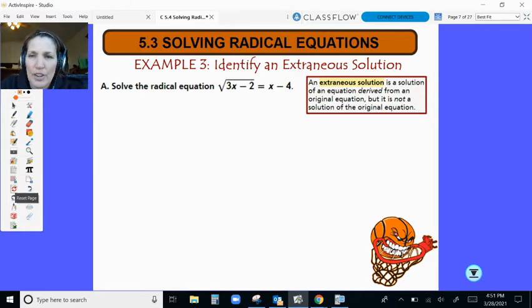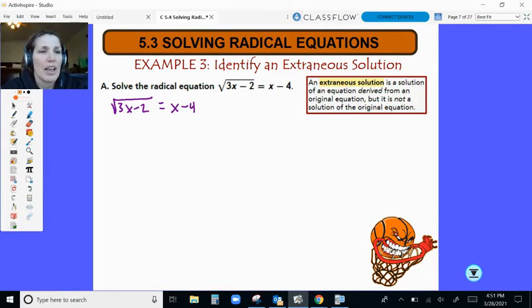Okay, so now we're going to look at identifying extraneous solutions. If you remember from quadratics, an extraneous solution is a solution we get that's not part of our solution set. So we have the square root of 3x minus 2 equals x minus 4. In order to get rid of this radical, we have to square both sides, as we have done before.